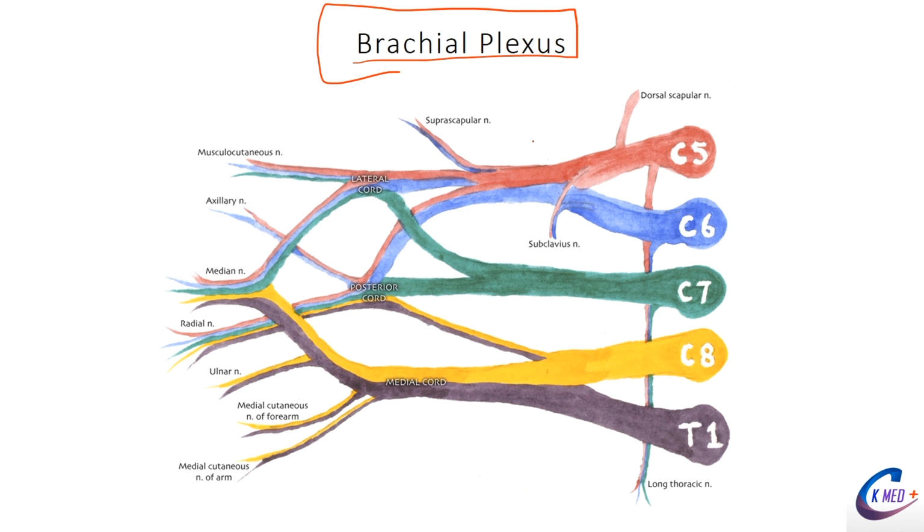Now, you might ask me, hey Clark, do I actually need to know every single tiny little branch that comes off of here? The answer is no. You do not. I can actually cross off a couple on this picture here. You don't even need to know.